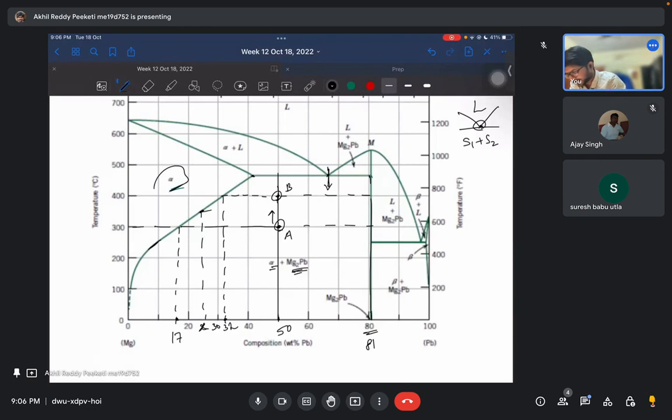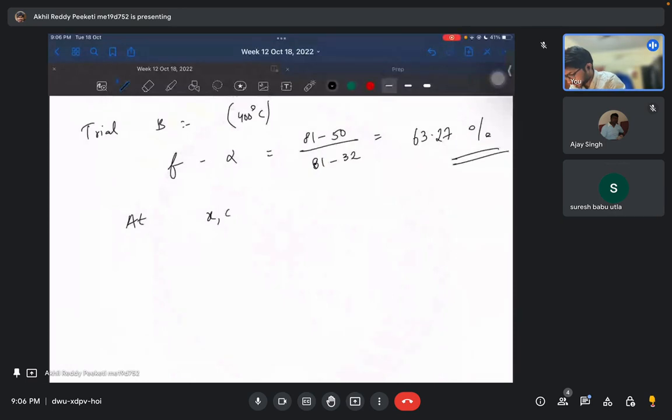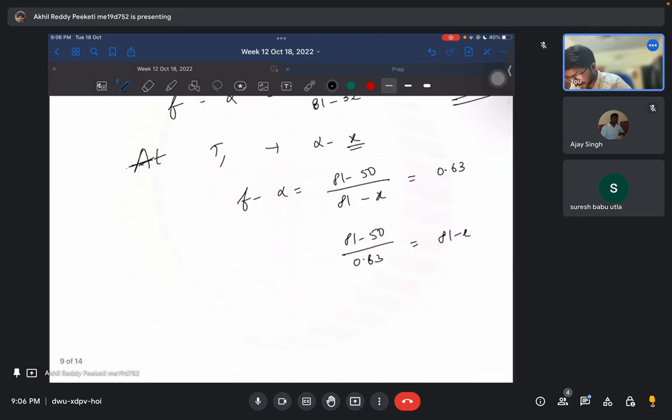So at some temperature T, where alpha phase is that x, that point which it touches is x. Now fraction of alpha would be 81 minus 50 by 81 minus x. So that is given as 0.63. So now 81 minus 50 by 0.63 is equal to 81 minus x. So x is equal to 81 minus. So is this what you are saying?